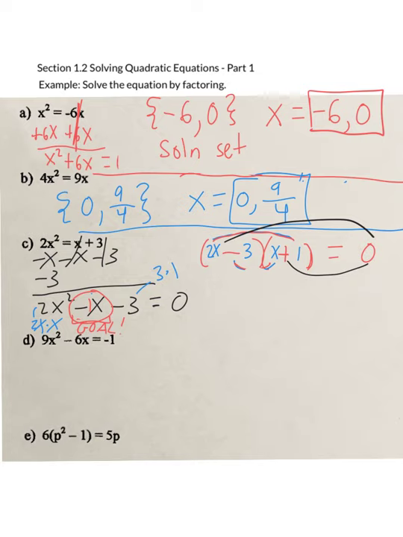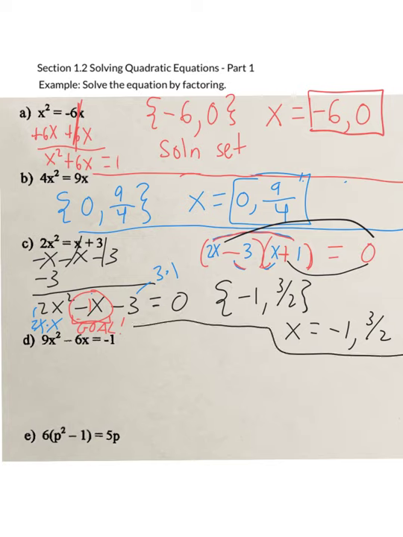If they want it as a solution set, you'll use those curvy brackets from the keyboard: negative 1, positive 3/2. Or if they just have the x equals, simply type in the answers beside it: negative 1, comma, 3/2. And you can just use the comma from the keyboard as well.